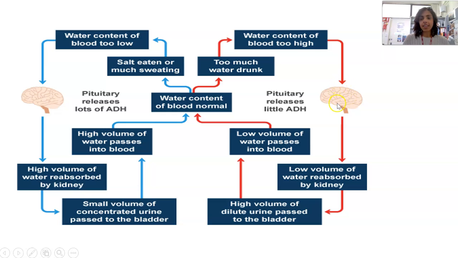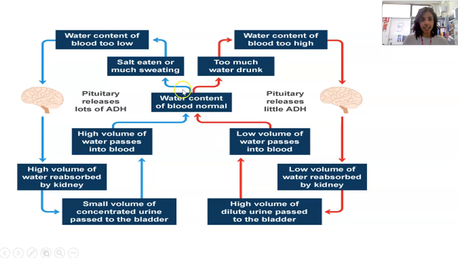This signal is detected by the osmoreceptors in the hypothalamus. There's too much water in the blood, therefore less ADH is sent out via the pituitary gland to the kidneys. So less water is reabsorbed by the kidneys. This results in more urine being passed out, which means that there's lots of water being passed out of the body, and our blood water volume returns to normal.